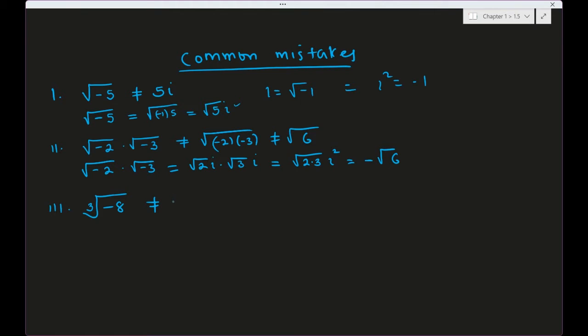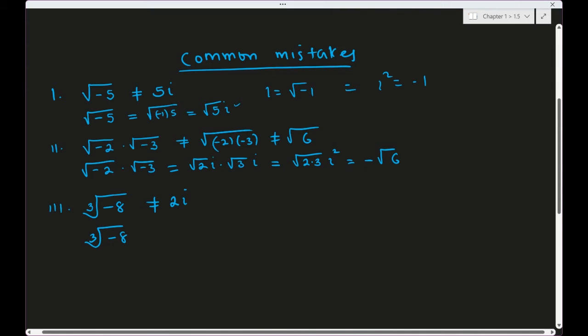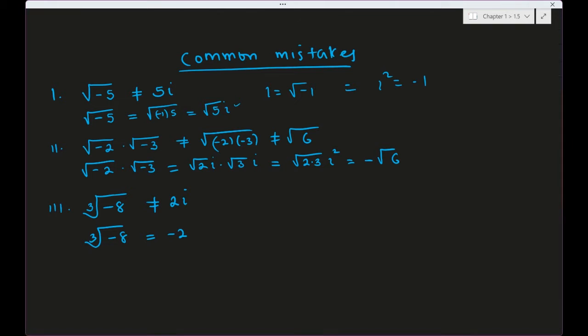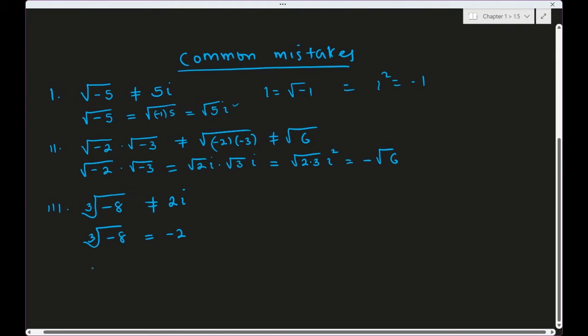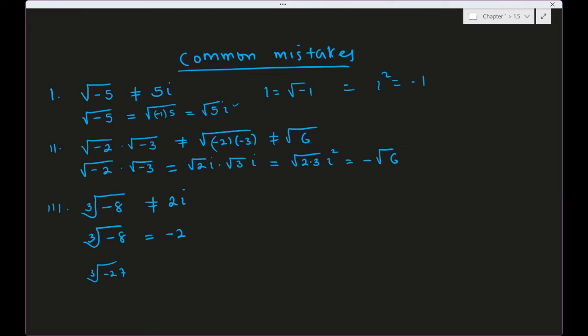So this is not the same as 2i, but rather the cube root of minus 8 is just minus 2. And this applies to other odd roots. For example, let's still maintain 3, cube root of minus 27. This is not a complex number. This is just minus 3.